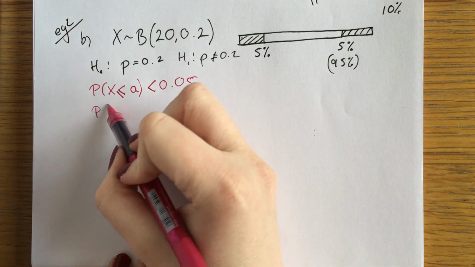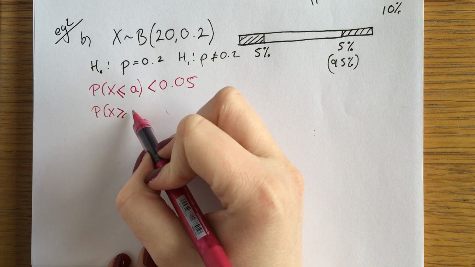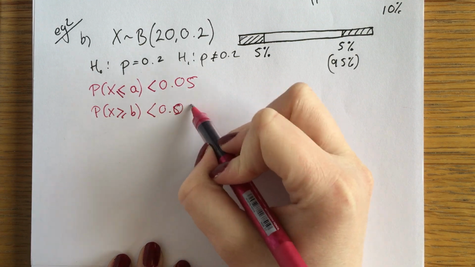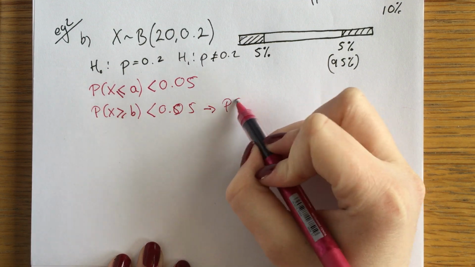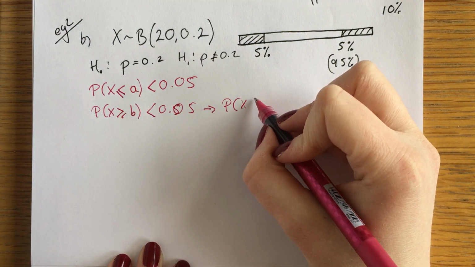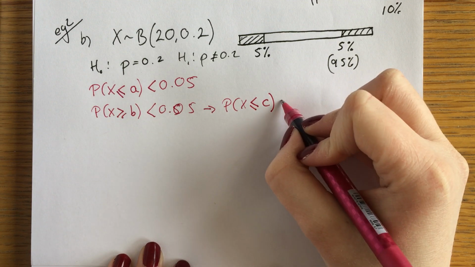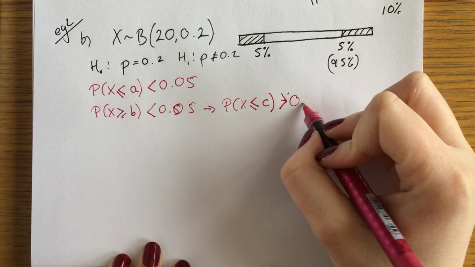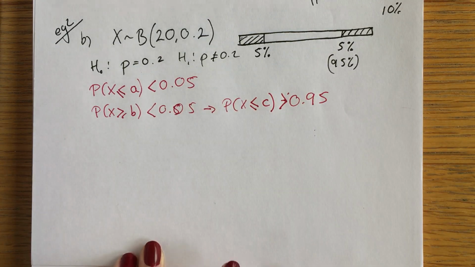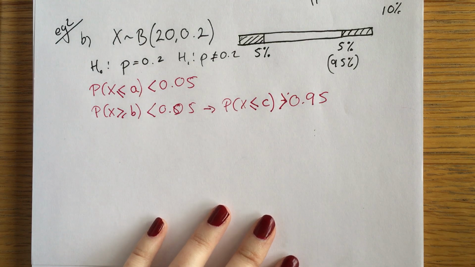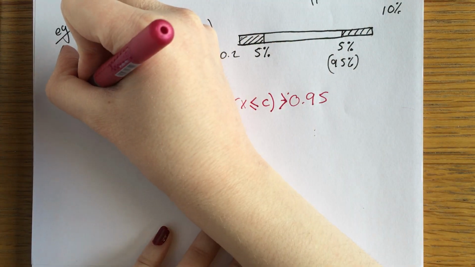And I also need the probability that x is greater than or equal to a value is less than 5%, which would mean the probability that x is less than or equal to a value is bigger than 95%. So I know I've used lots of different letters, but you'll see what I mean as I'm doing it. So I'm going to do this bit first.